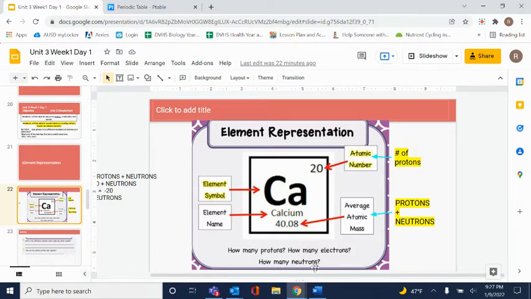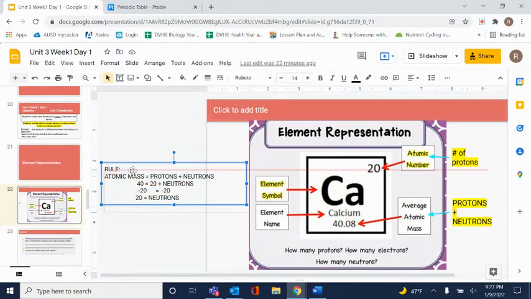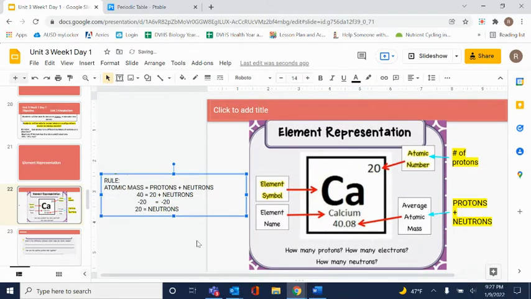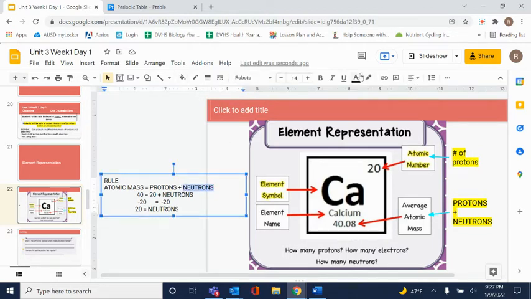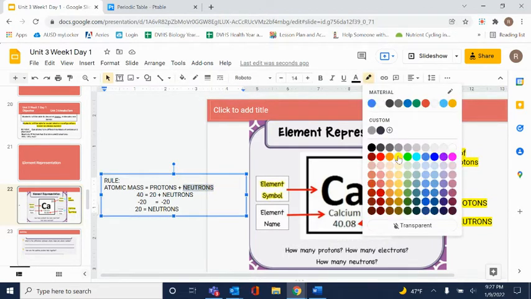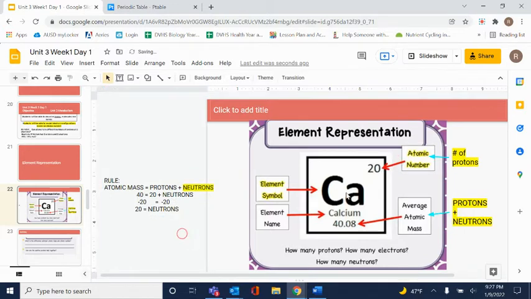And then finally, how many neutrons? You can always use this atomic mass rule to figure out how many neutrons. The atomic mass is equal to protons plus neutrons. So if I'm trying to figure out how many neutrons there are, then I plug in my numbers.